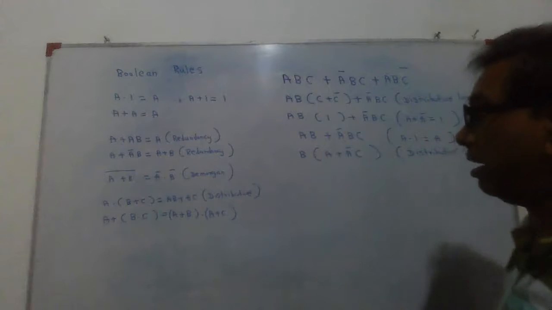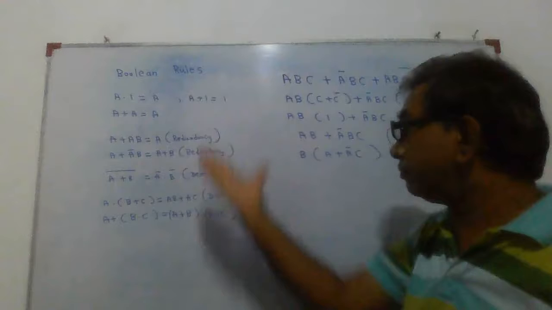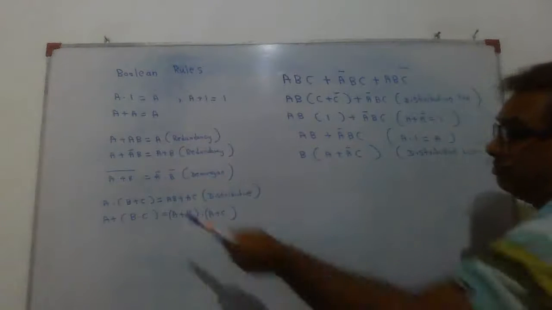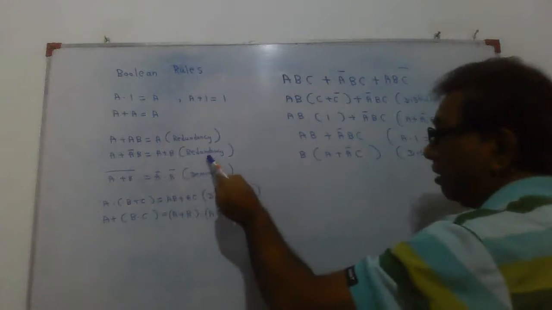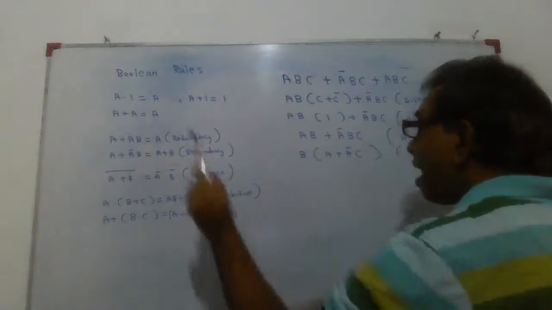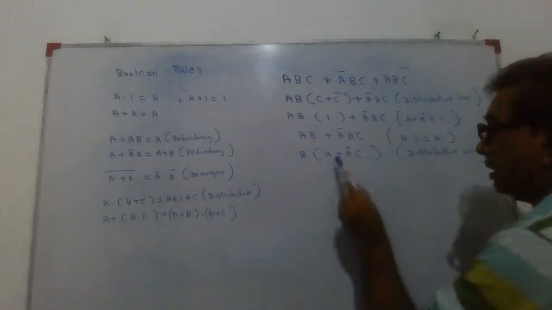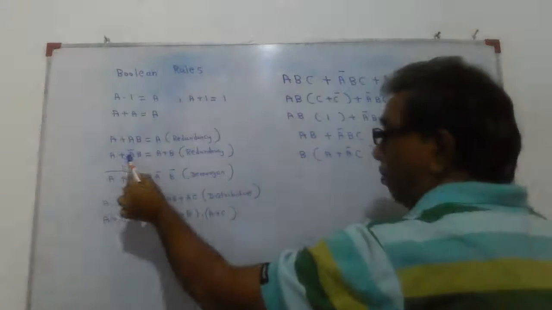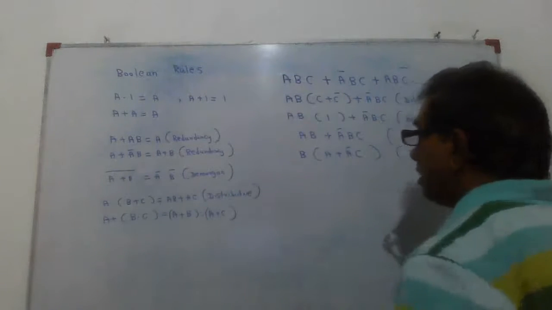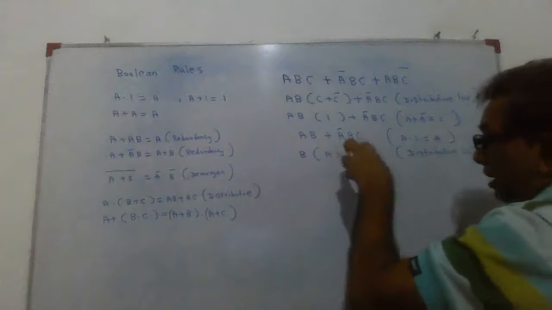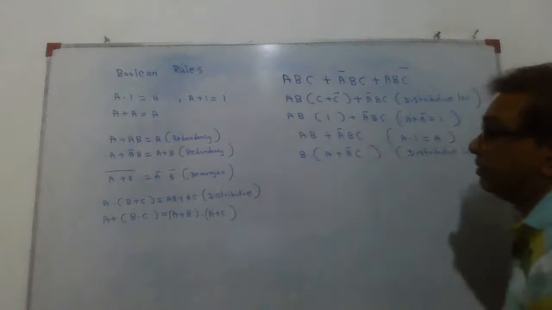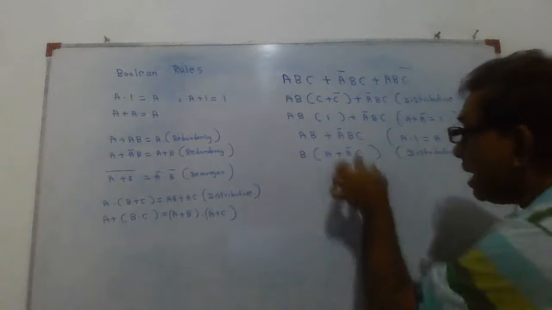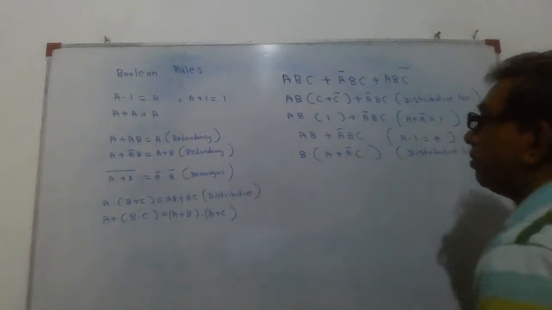What about laws from here? We have redundancy law. It says A, or A bar and B. See, A, or A bar and C. A, or A bar and B. Now it is similar to that A, or A bar and C. So we can apply redundancy law here.